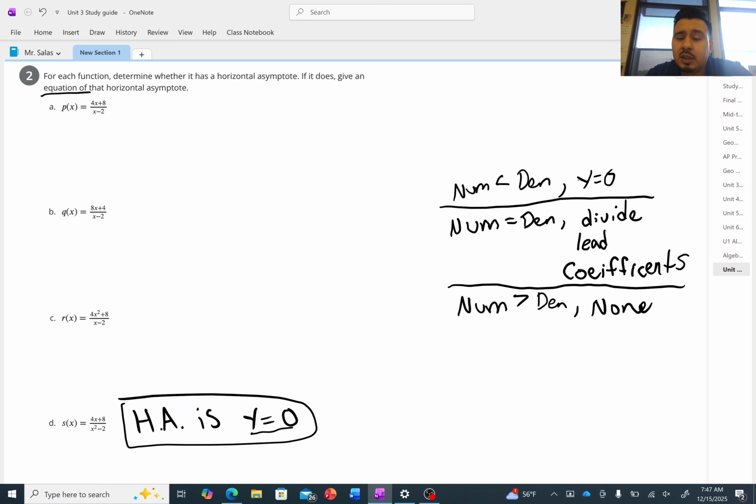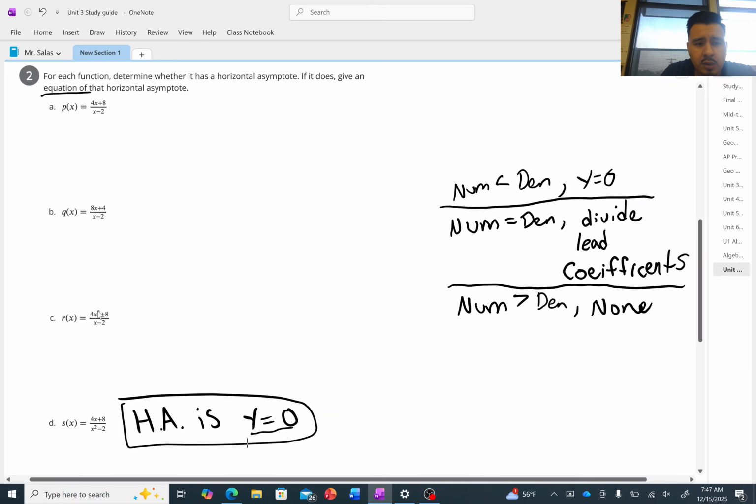All right, so is there a case where the numerator is greater than the denominator? Well, we said C has a higher power in the numerator than it does in the denominator. In this case, for C, I know that there is no horizontal asymptote.